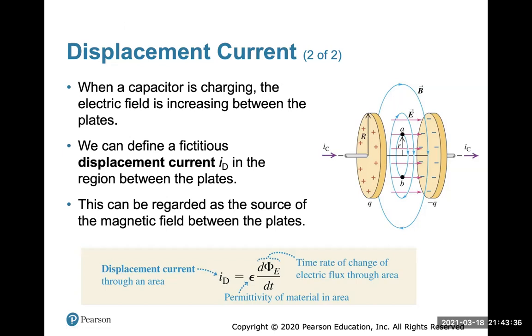So Maxwell says, all right, let's talk about a displacement current. Maxwell says a changing magnetic field produces an electric field. Got to be vice versa. A changing electric field produces a magnetic field. Got to be. That doesn't make any sense otherwise. At least that's what Maxwell says.